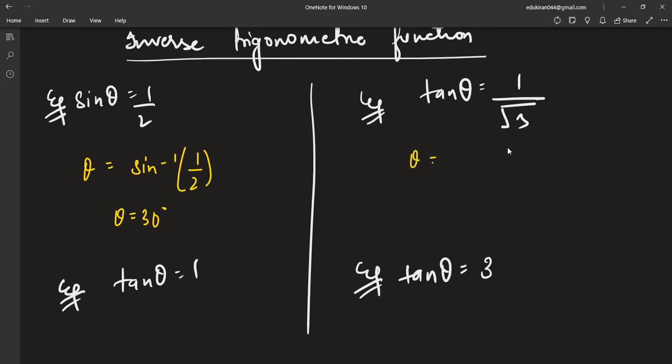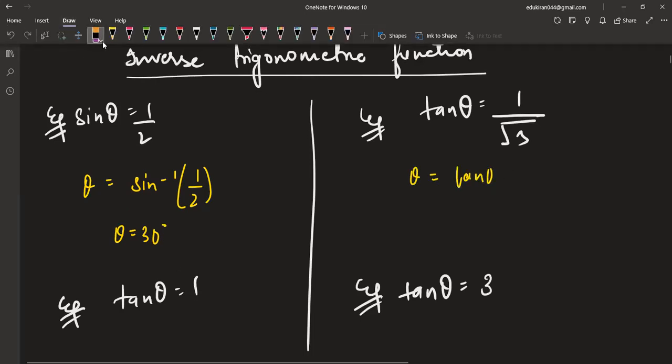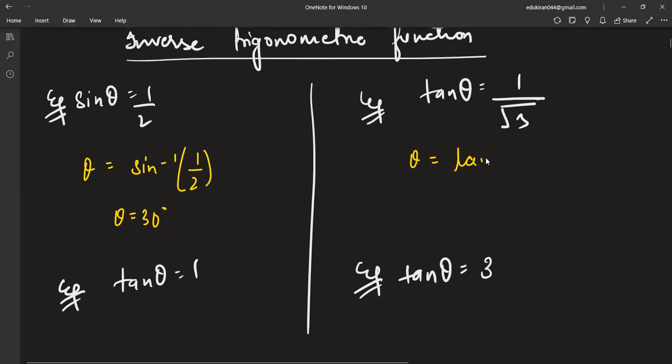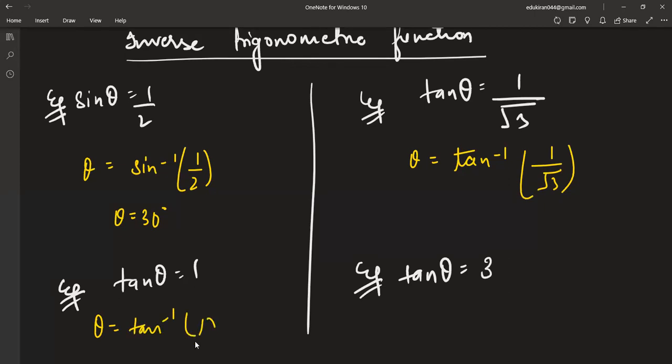Or suppose tan theta is 1 by root 3, you can mention theta as tan inverse 1 by root 3. Similarly theta will be tan inverse 1, or tan inverse 3. This is how you will be writing all the answers.